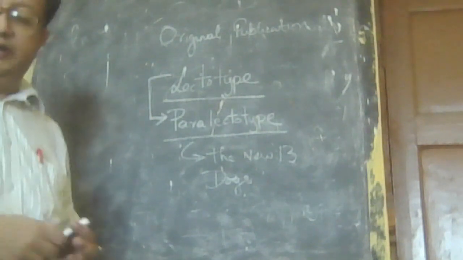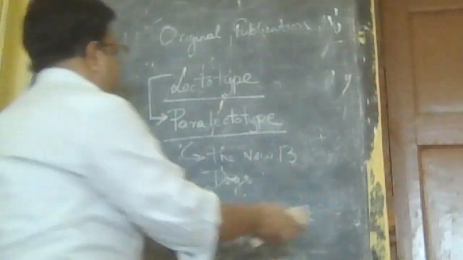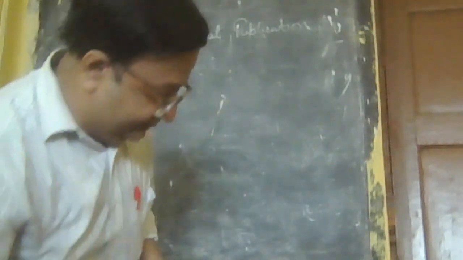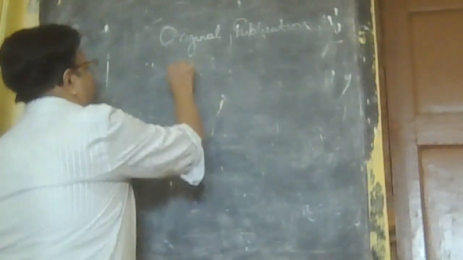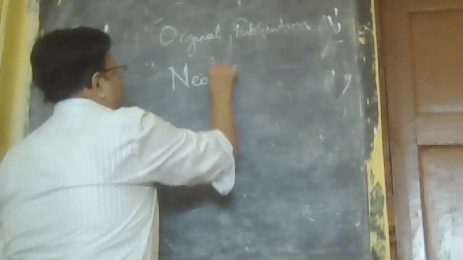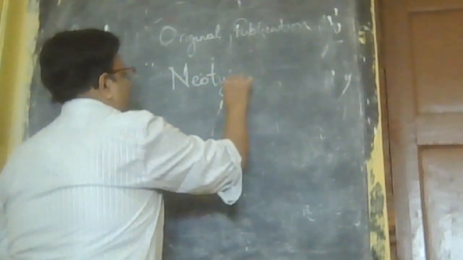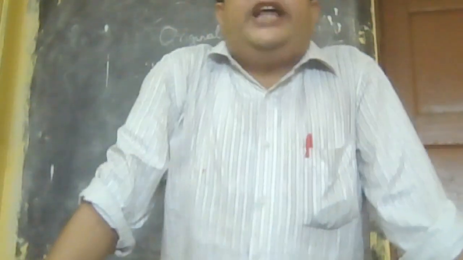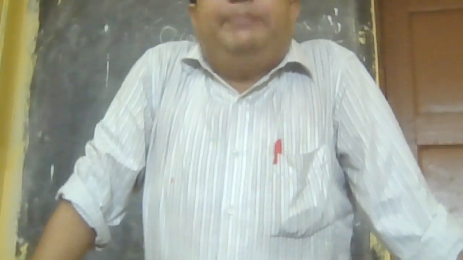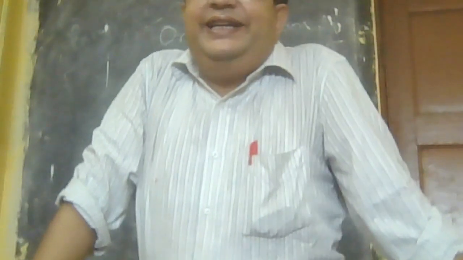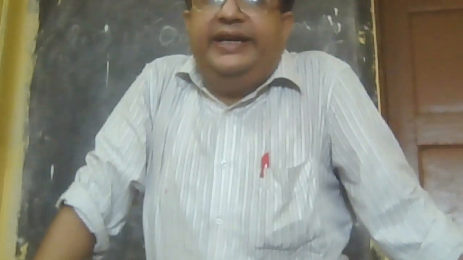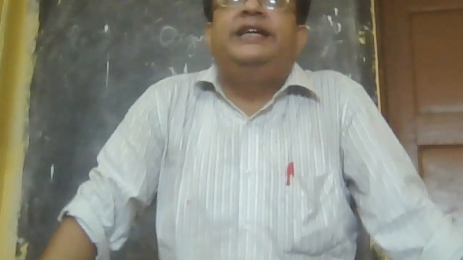Now we will talk about something known as the neotype. So neotype is that single specimen designated as the name bearing type when no name bearing type specimen is believed to exist anymore.